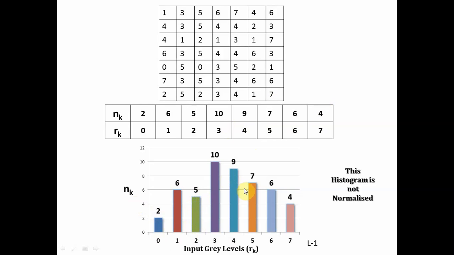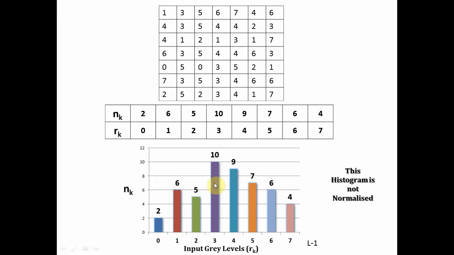Now this histogram is not a normalized histogram. Why? Suppose in your image the value 3 repeats 100 times, or 1000 times. It will be a very complicated process because you cannot plot a graph for 1000 times.